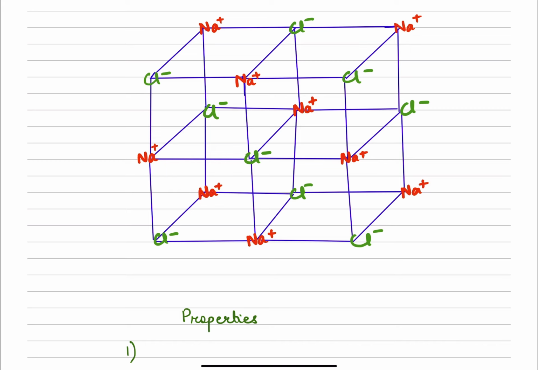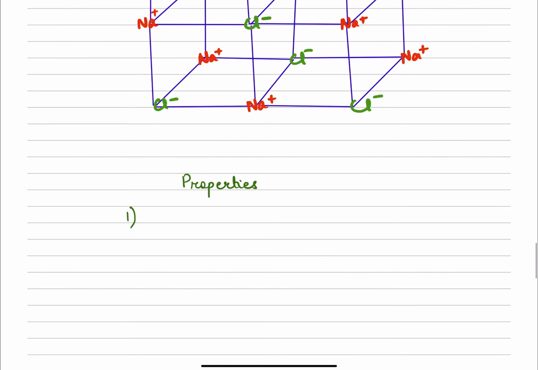So since it's a giant ionic structure containing strong electrostatic attraction between oppositely charged ions, ionic compounds will have high melting and boiling points.